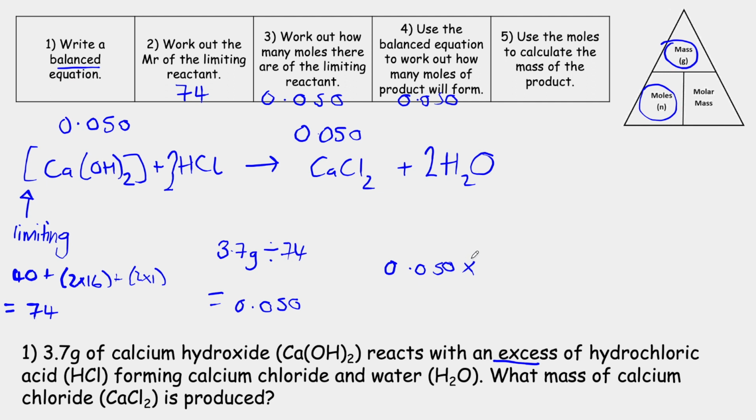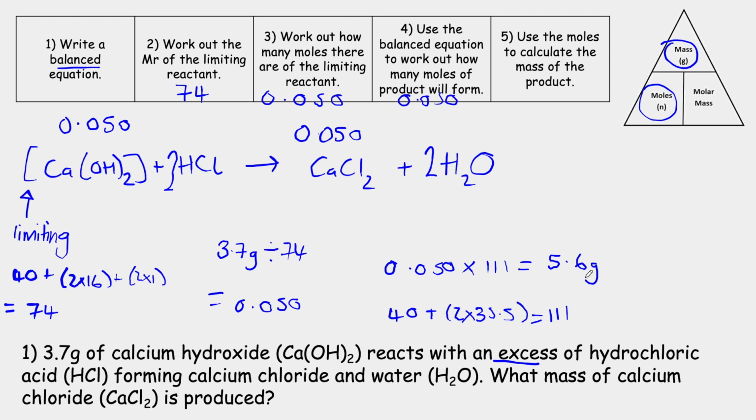So the MR of calcium chloride is 40 plus 2 times 35.5 chlorines, and that works out at 111. So if we multiply this number here by 111, we should get our mass in grams, which is 5.6. And there you go. That's all there is to it.